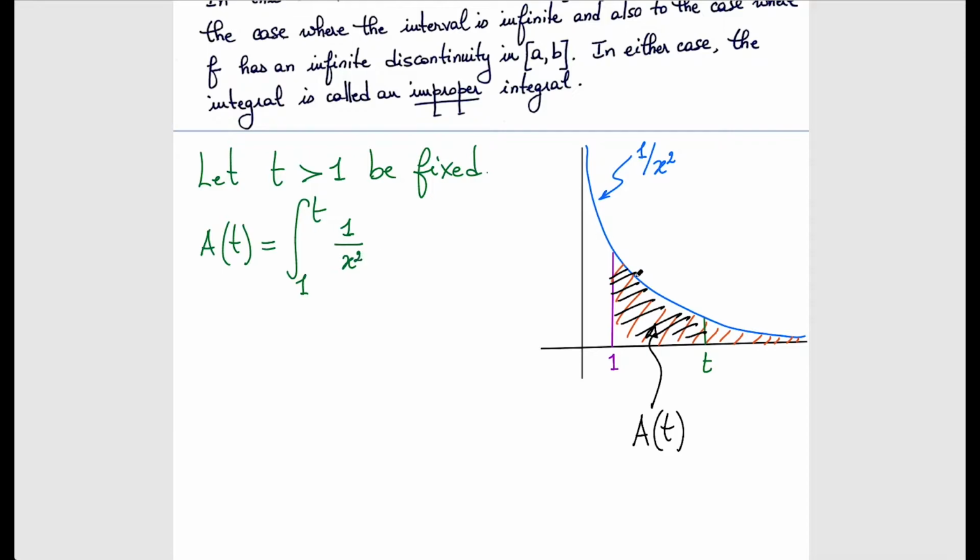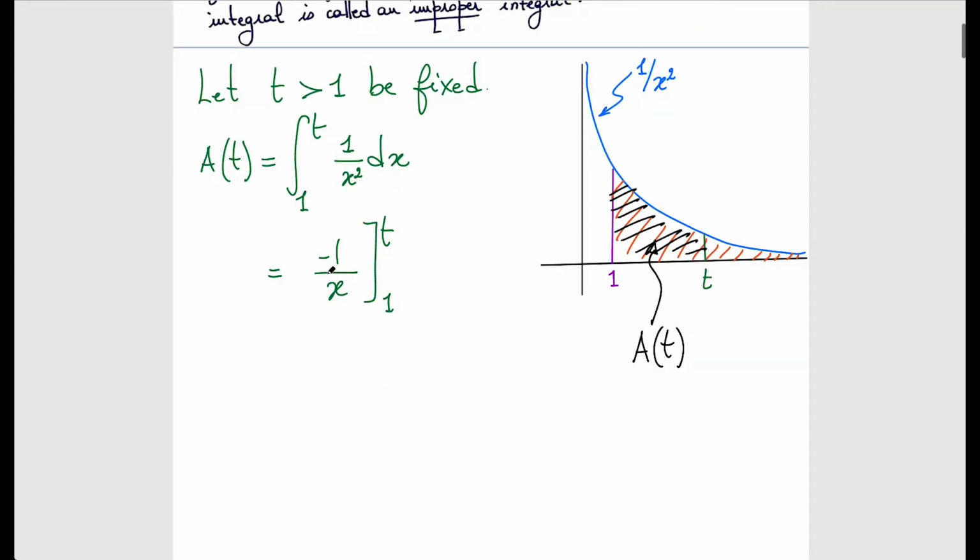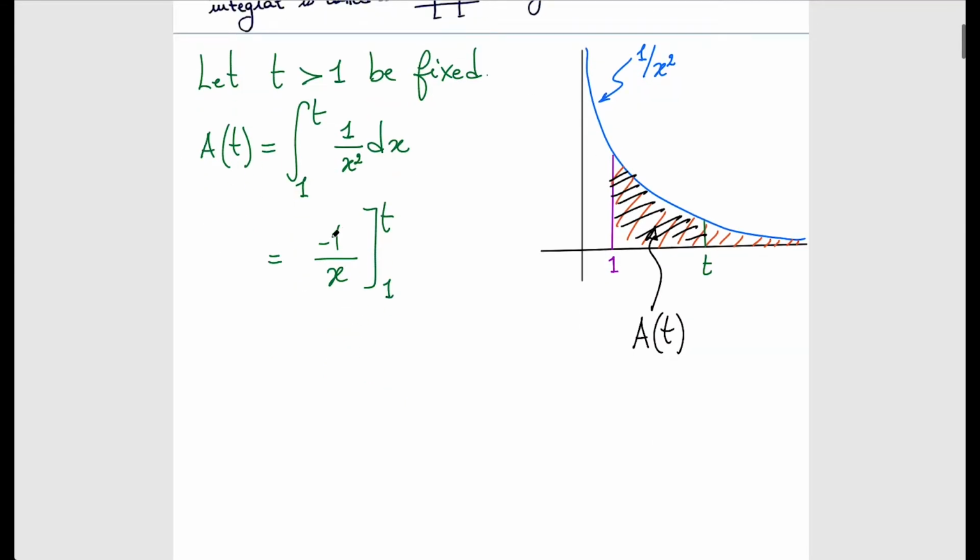I'm integrating 1 over x squared over that interval. And if you integrate this, what do you get? You get negative 1 over x between 1 and t, correct? And what's this? With the minus, you can reverse the bounds. So you get 1 over 1, so 1 minus 1 over t, right?